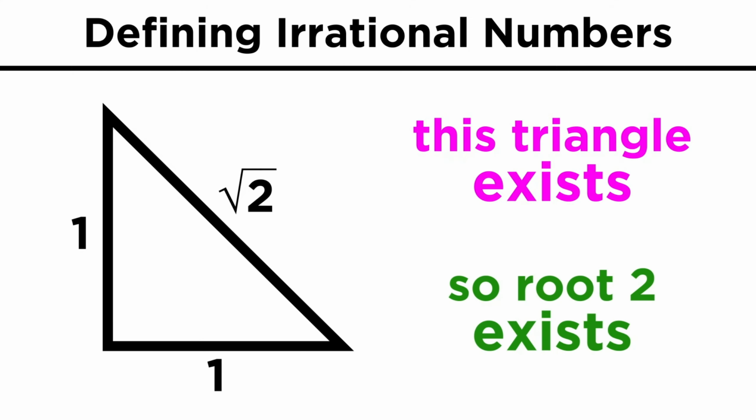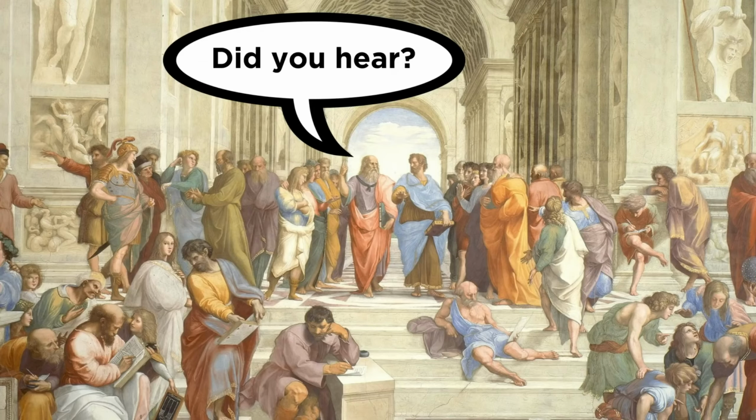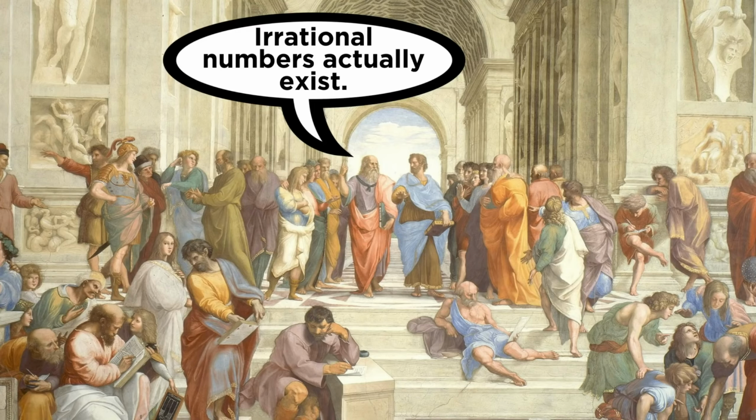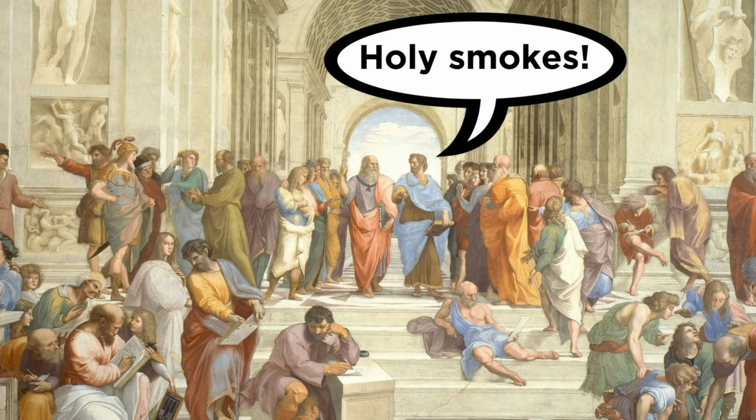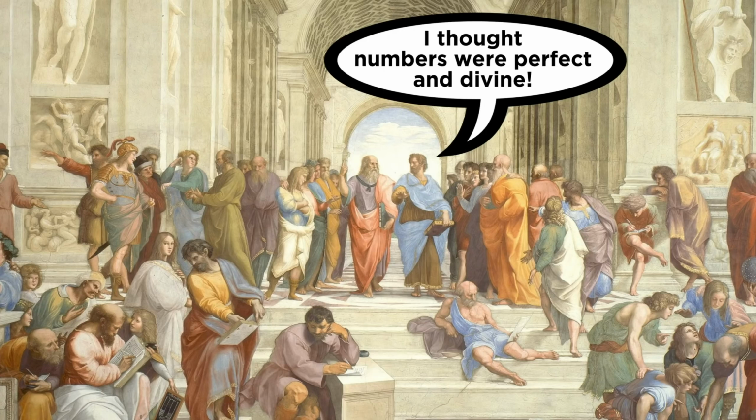This triangle exists, so root 2 exists. It is a real number. It is simply irrational. When it was discovered by the ancient Greeks that irrational numbers must exist, all hell broke loose as it threatened the mystical notion that the world of numbers must obey a divine perfection.